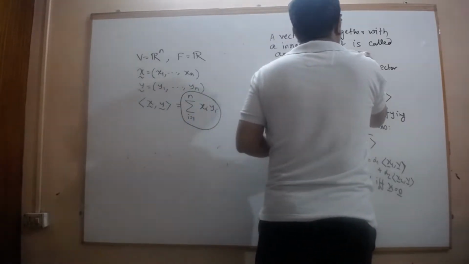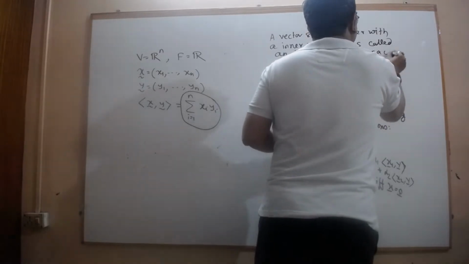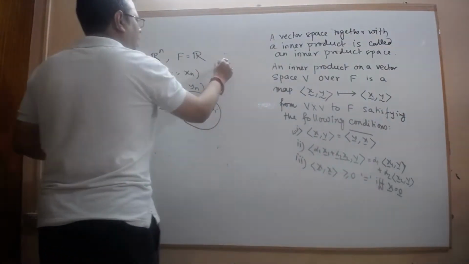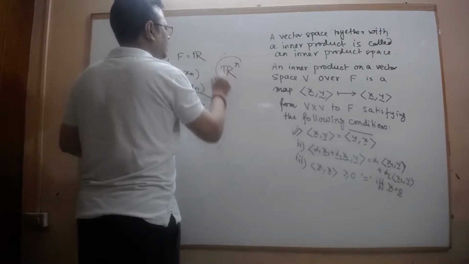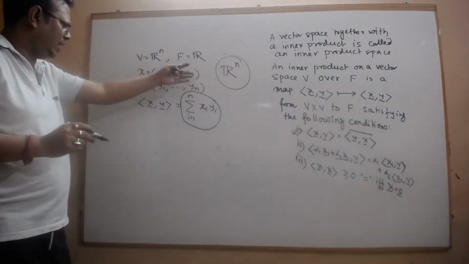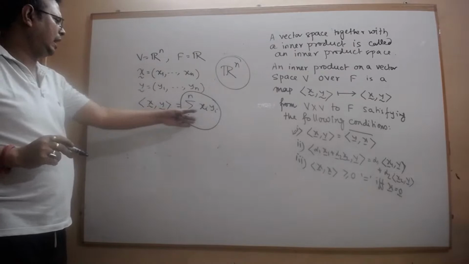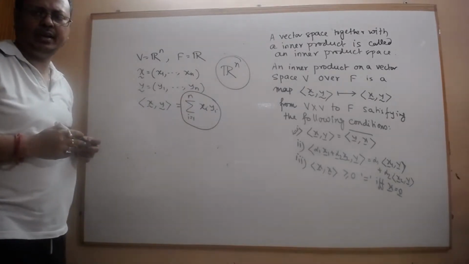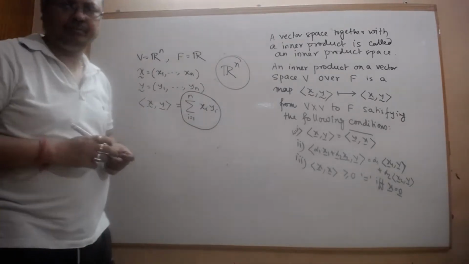So this Rn is an inner product space where we define the inner product as the summation, i from 1 to n, of xi yi. Okay.